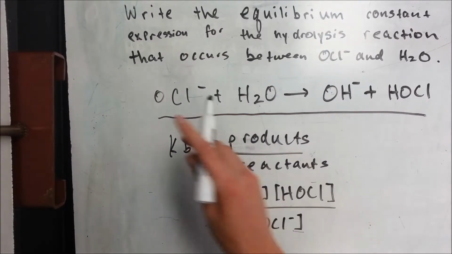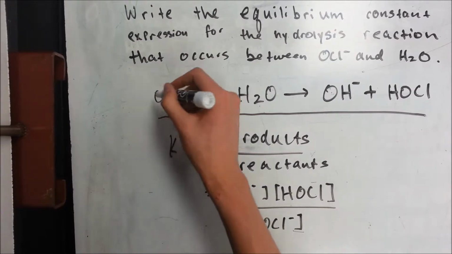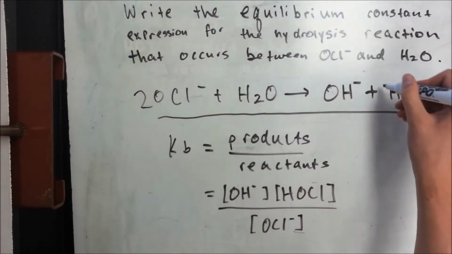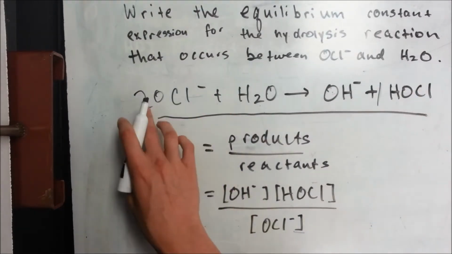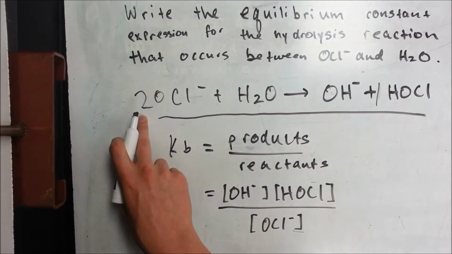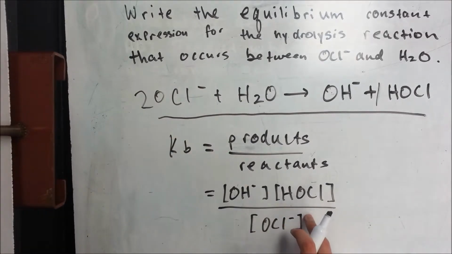Now, if you had coefficients for these, say you balanced it in a way that this was 2 or this is 1, you would need to put the coefficient into the exponent of whatever reactant or product you are talking about.